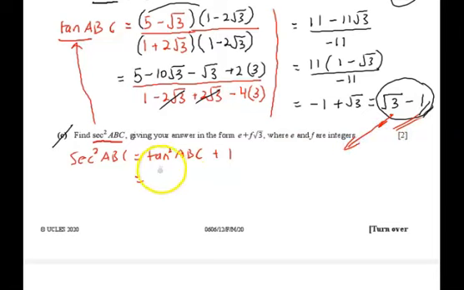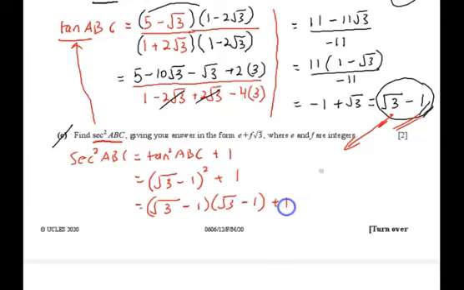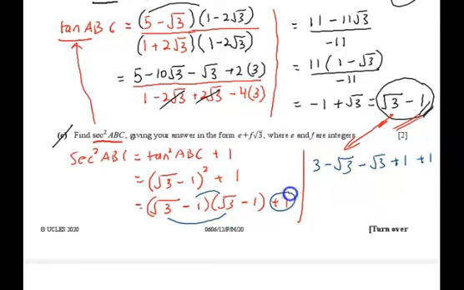We'll be getting surd 3 minus 1, we square it, then we plus 1. Then you'll be getting surd 3 multiplied with surd 3, which is 3, and negative surd 3, we multiply the opposite, negative surd 3, and plus 1 and plus 1.